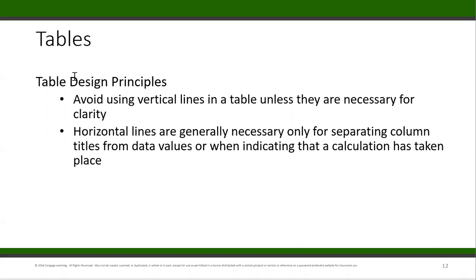If I want to summarize the table design principles, a few of them: avoid using vertical and horizontal lines whenever possible. Vertical lines, as long as there is a space between a column and another column, you don't really need to have a vertical line.